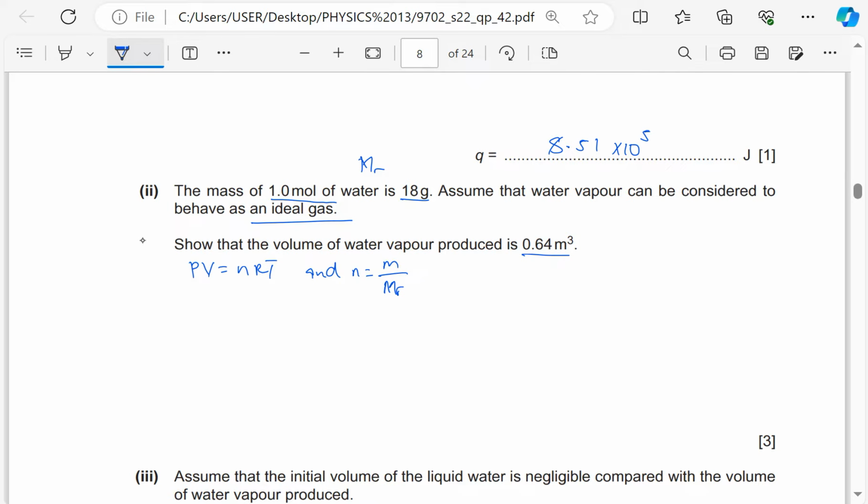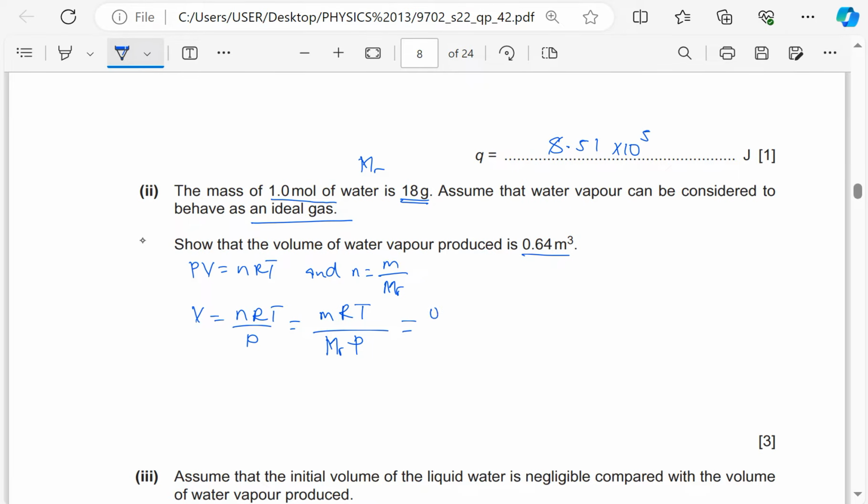So if I make V the subject, V, which is equal to nRT divided by P, is going to be the same as small m RT divided by capital M, that is molar mass, then times the pressure. So I'll make a substitution. This is in grams, the other one was in kilograms, so I have to ensure that the unit is the same.